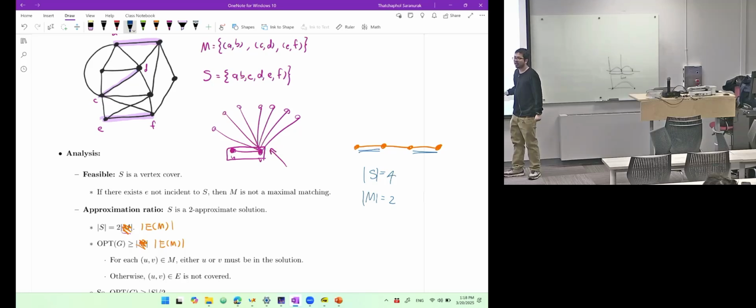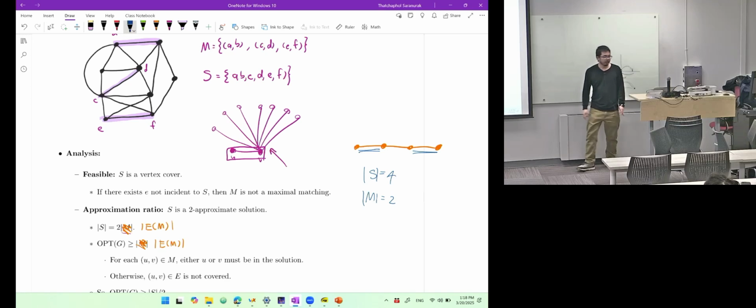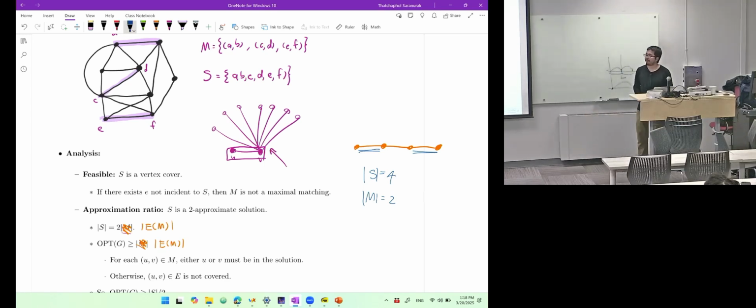Opt of G is vertices. Oh, I thought opt was choosing the edges. Okay, that makes sense. An optimal solution may just choose one node here and one node here. Opt is at least 2, which is at least M here. More questions? Okay.